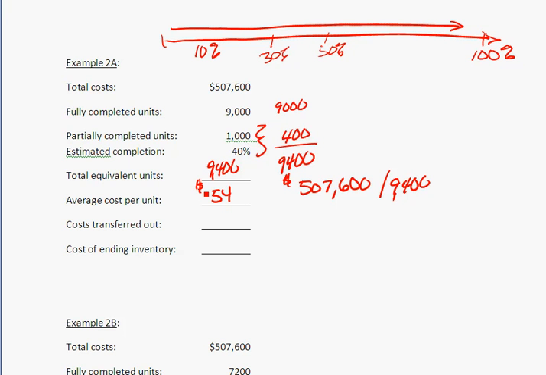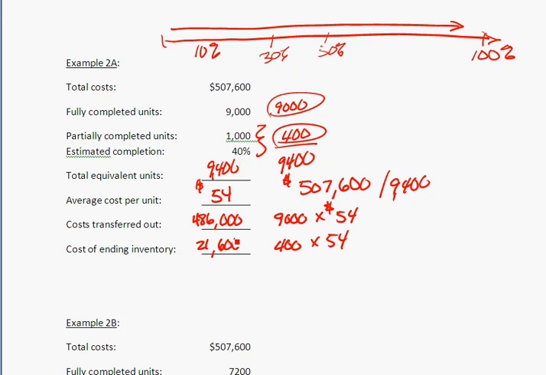Now, to calculate the total cost transferred out, we'll take our 9,000 units that we transferred out, multiply that by our $54 per unit, and we get a cost of the units transferred out of $486,000.